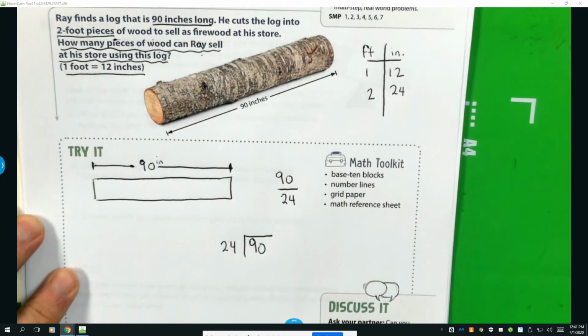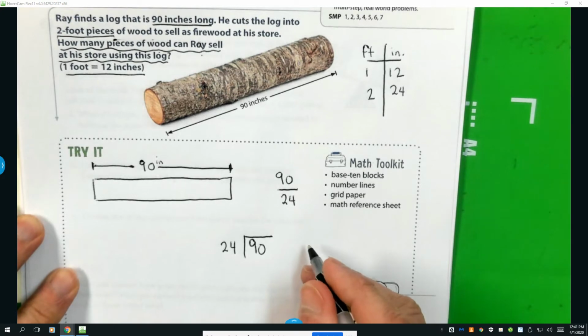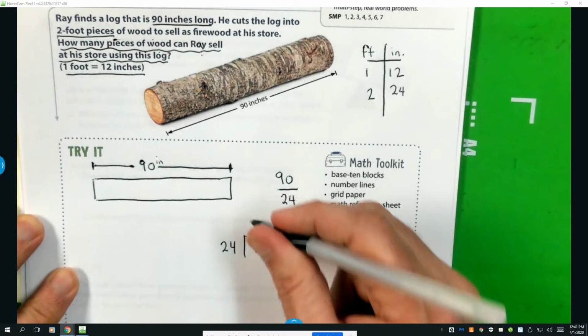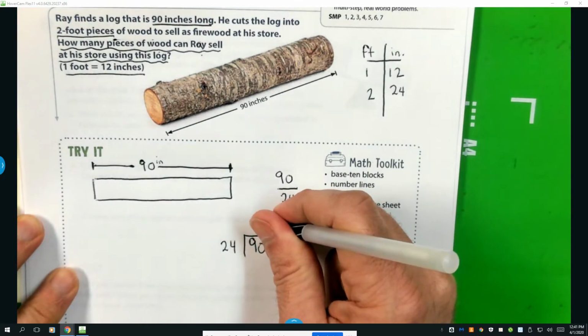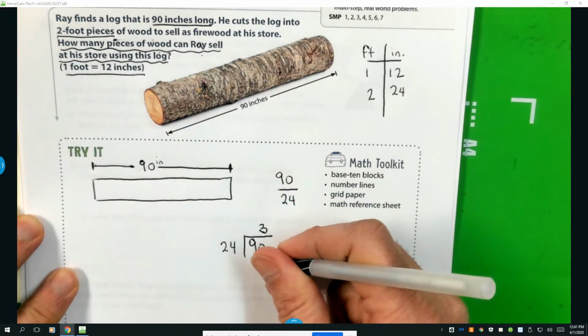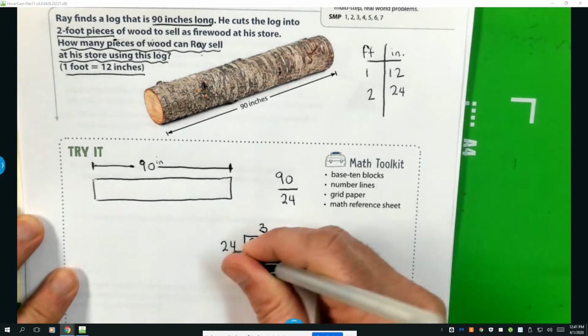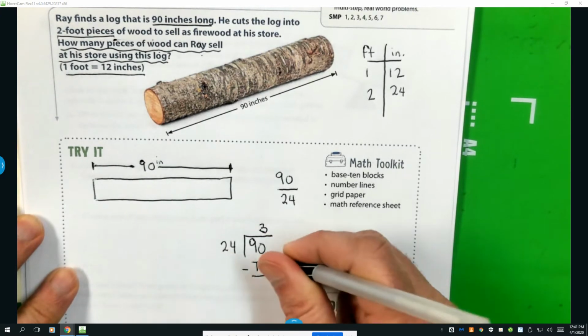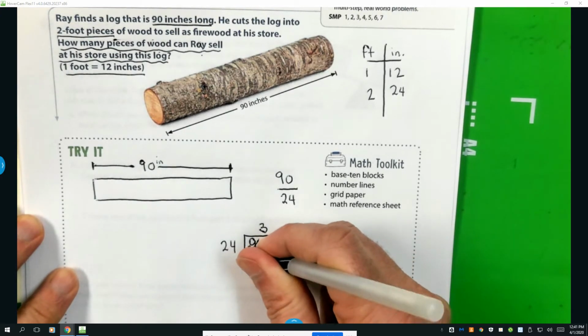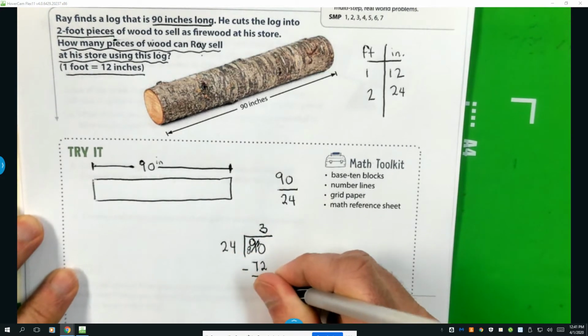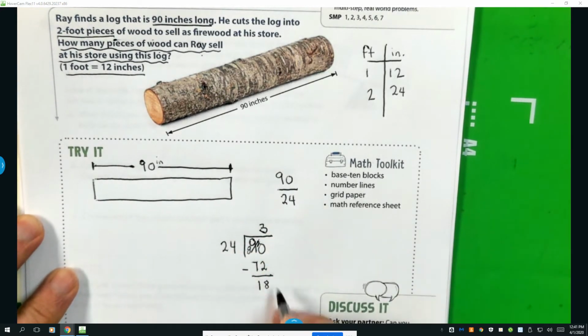And now this is where you might want to pause and try to do the problem. I know that there's 3 groups of 24 in 90, because 3 times 24 is 72, and that's going to leave me with 18 inches left of that piece of wood.